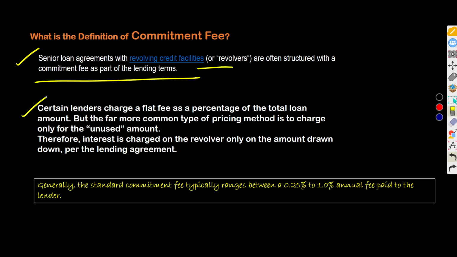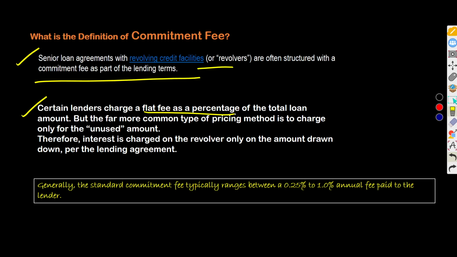Certain lenders charge a flat fee, or you can say a front fee or upfront fee, of the total loan amount. Let's say the total loan amount is 1 billion, then you might see directly 1 lakh dollars, or maybe 500k, 50k, 20k fees charged directly. So that becomes your front fee.